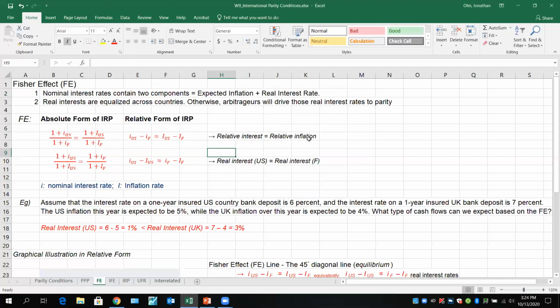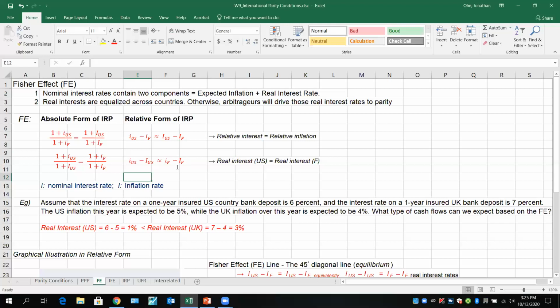And the next form is, if you subtract one from both sides, what do you end up with? Approximately I_US minus big I_US equals I_F minus big I_F, the inflation. This is the practitioner's or approximate version of the real interest rate: nominal minus inflation is the real interest rate, for the US and for the foreign country.